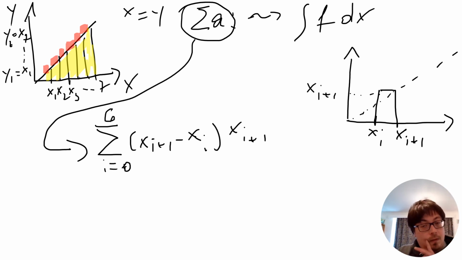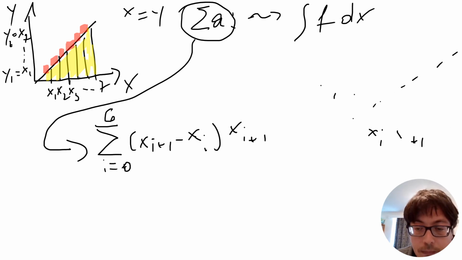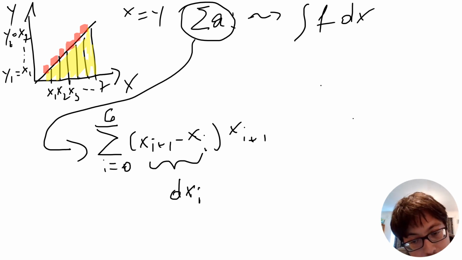Okay, now we are already getting closer to something similar to the integral above, because we can see that these bits here can be thought of as a small variation, a small segment, let's say dxi. We can call it like this.